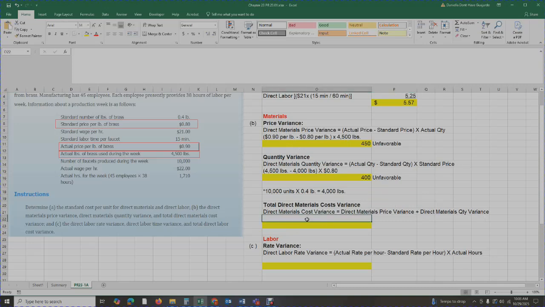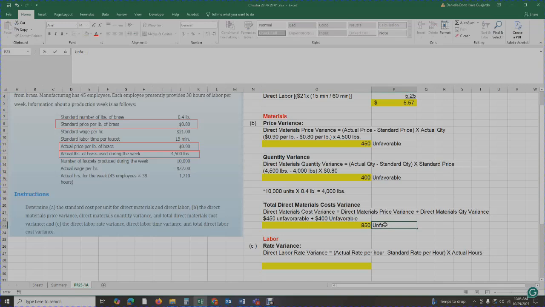So we're going to get your 450 unfavorable variance plus your 400 unfavorable variance. If you get the 450 plus the 400, then you have $850 unfavorable.